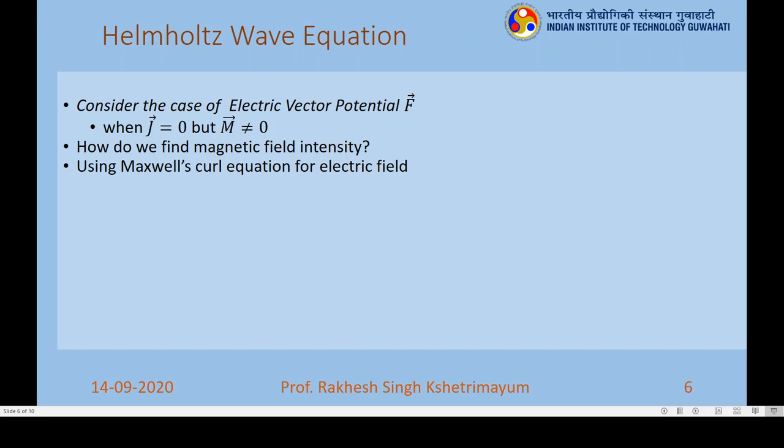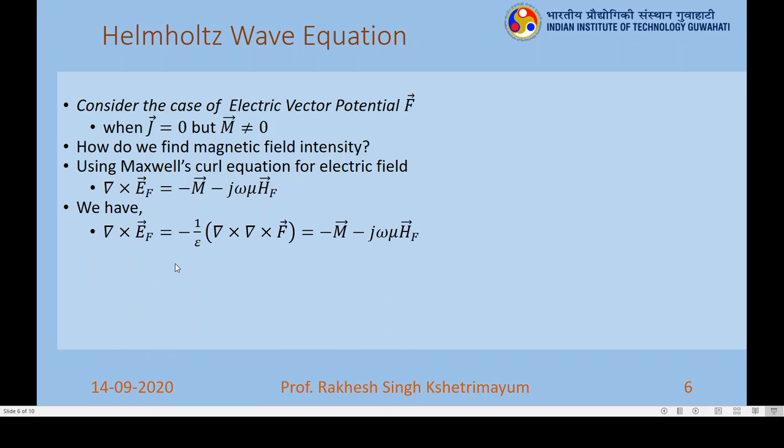Let's use the Maxwell curl equation for doing that. What is the Maxwell curl equation? Curl of E is equal to minus M minus j omega mu H. The subscript F here shows that this electric field is due to the F vector. Here, magnetic field H is due to the vector F. So now we have curl of E_F is equal to minus M minus j omega mu H_F.